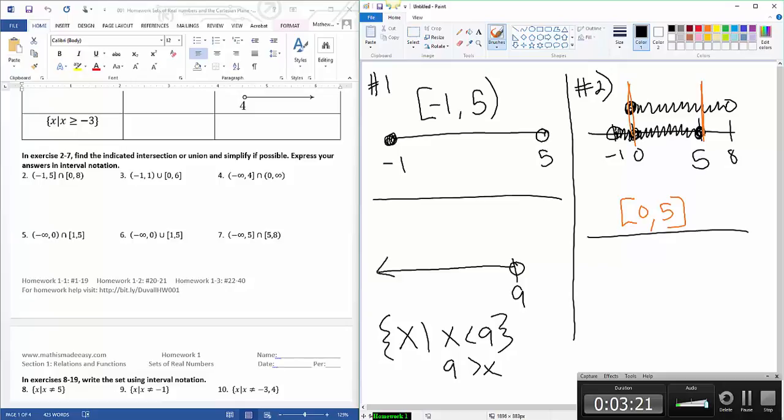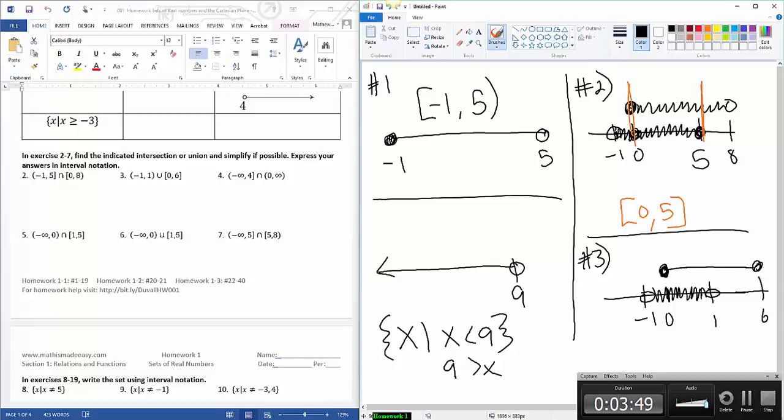Let's do number 3. On number 3, it says the union of -1 to 1. So let's draw that out. We have -1 to +1, open circle, shade in between. And then also we have a bracket from 0 to 6. So here's 0, and then closed circle from there all the way to, say this is 6.